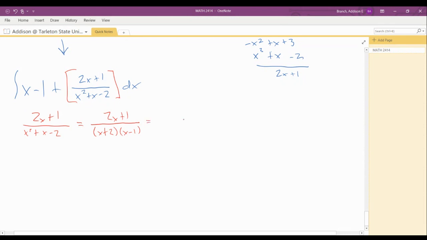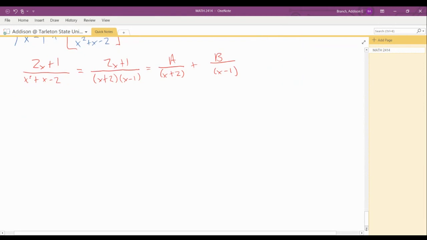Now we have to break this up into our two fractions with our different pieces. All right, we can now go ahead and solve for our a and b.